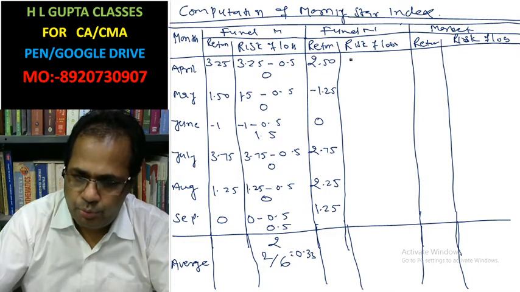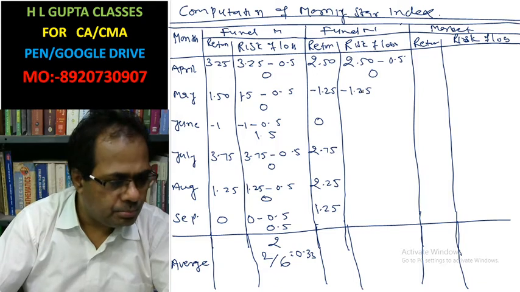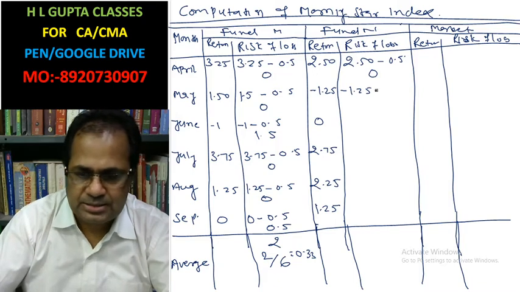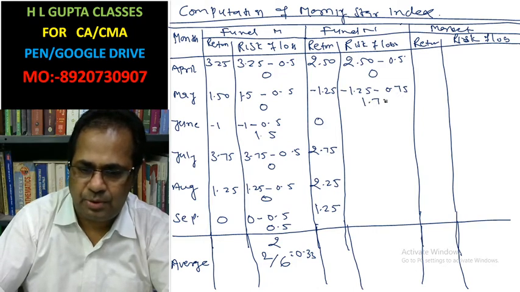Here 2.50 minus 0.5, the risk of loss is 0. Minus 1.25, minus 0.75, the risk of loss is 1.0.